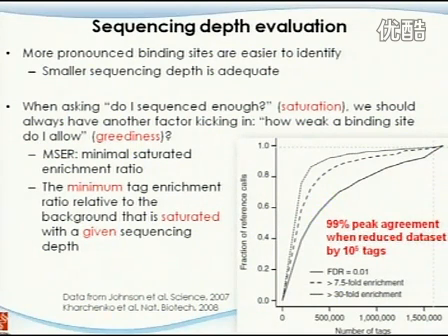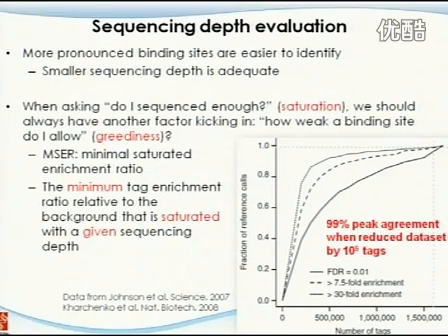Okay, but this one is larger than 30-fold enrichment compared to the background. So this is really strong binding sites, because the binding site itself has to be 30-fold or more compared to the background signals. If you are looking for such strong binding sites, you don't need too many reads. You will be able to reach the saturation.